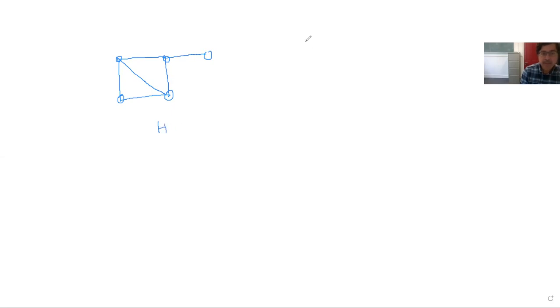And H prime, which was just the square with its diagonal. So H prime is a subgraph of H. It's contained within H. Its vertices and edges are both subsets of those of H. And then we showed the following.